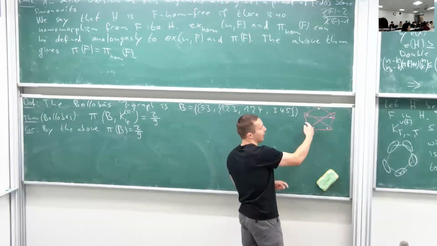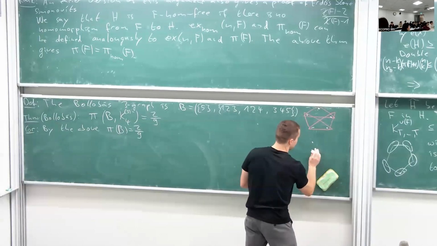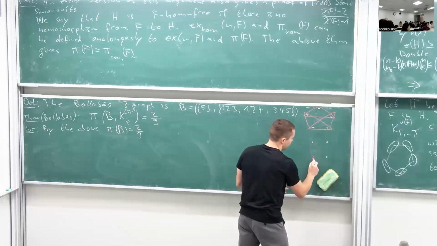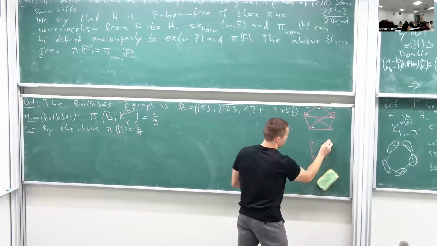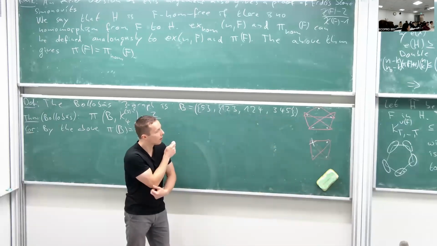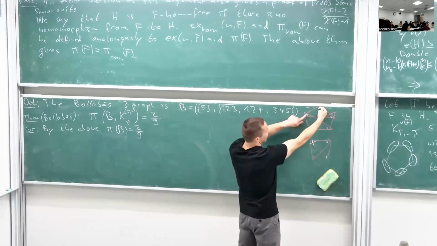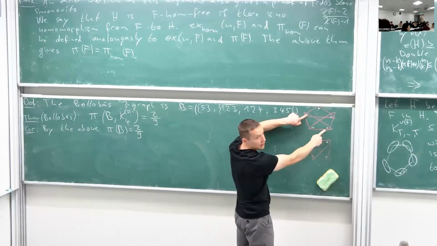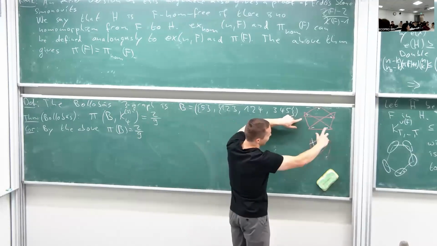So if we see a K4 minus, where this is the apex, the vertex that's contained in all three edges, then we can just map this vertex to this vertex or this vertex, and so we embed these.